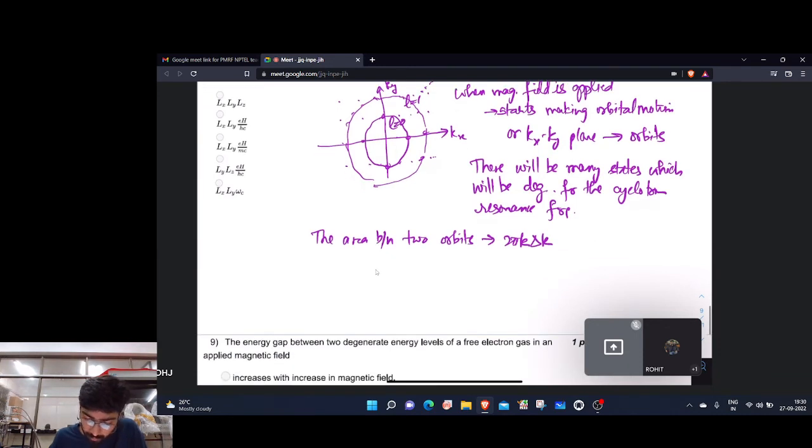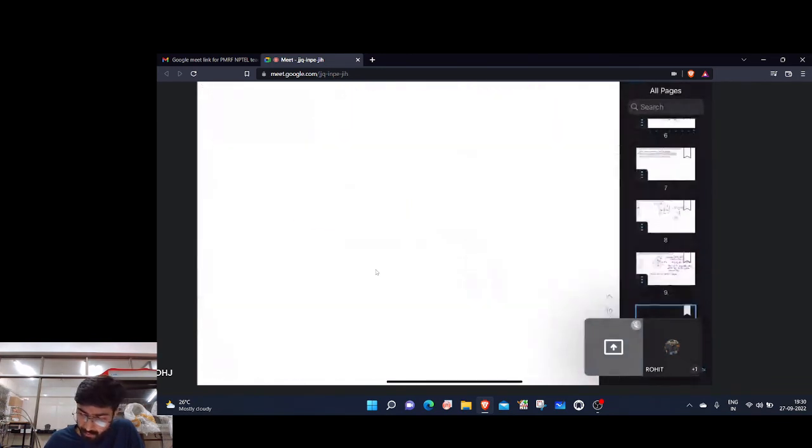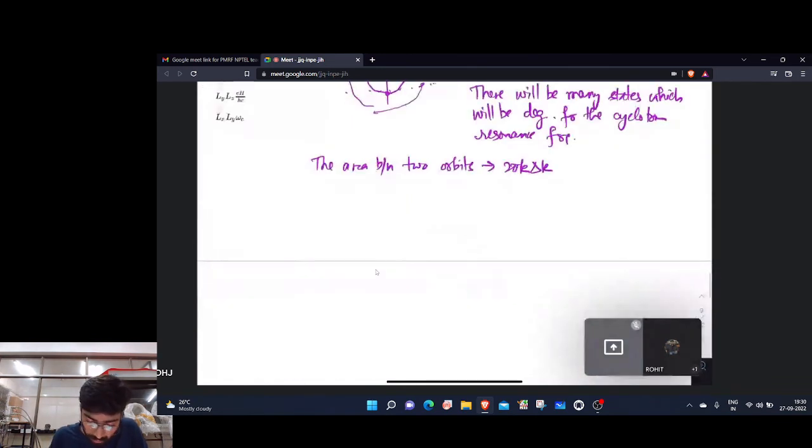This is the same exercise that we used to do in the density of states calculation. So the area between two orbits is given by k del k, and it is known that k del k is given by delta E times m by h cross squared.